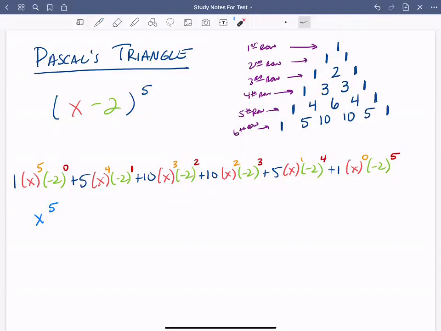Next, we have 5. This is a variable, so I'm going to try to look at my coefficients first. My values here. So I have 5, and I have -2 to the 1st power. -2 to the first power is just -2. So what I essentially have is -2 times 5, which gives me a -10. And then I still have x to the fourth power.